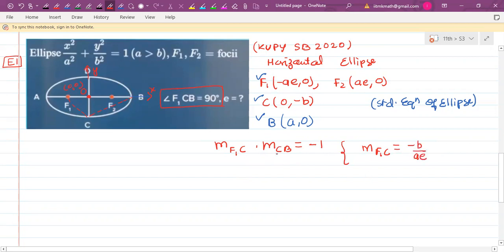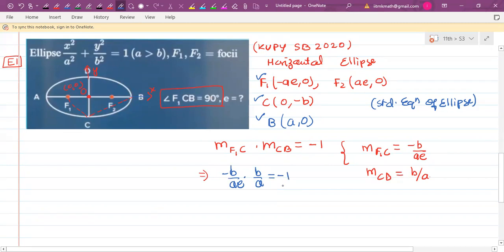And find out the slope of the line segment joining D and C, so M CB. You know the coordinates, so you can write B upon A, right? You just put these values in this equation. What are you going to get? Minus B upon AE into B upon A is equal to minus 1.